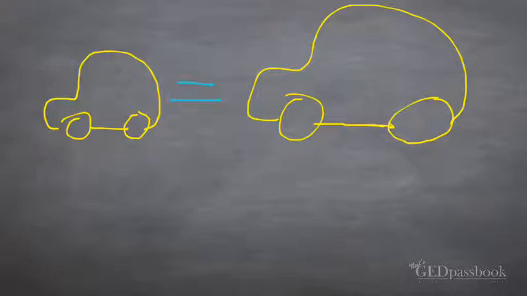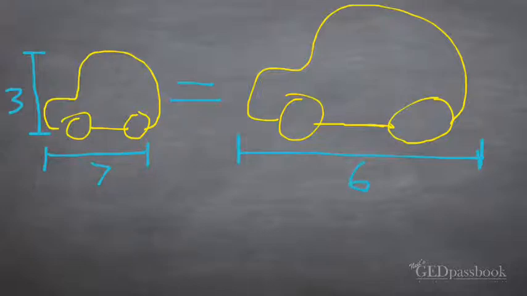And then the question is like this. If the height of the miniature scale Lamborghini was 3 inches and the length of the miniature scale model was 7 inches and the new length of the car is 6 feet, the question is, what is the height of the new car, of the scaled car?